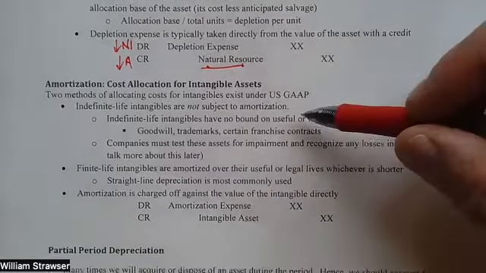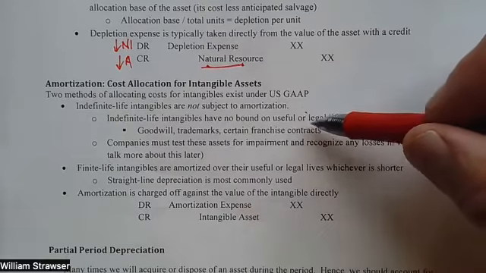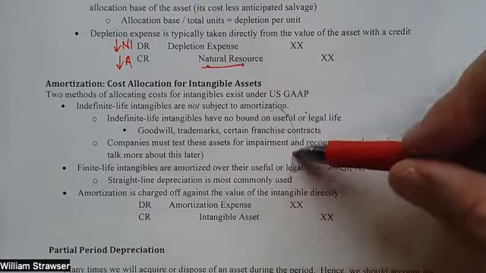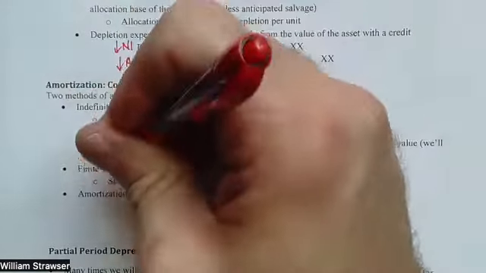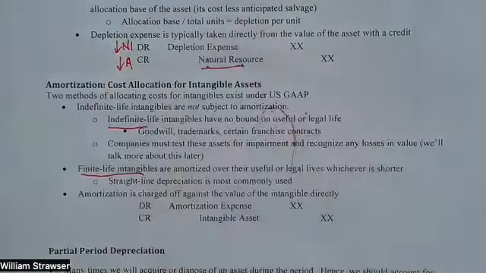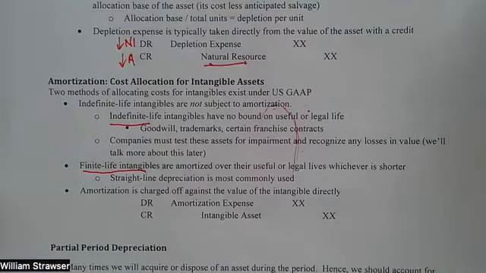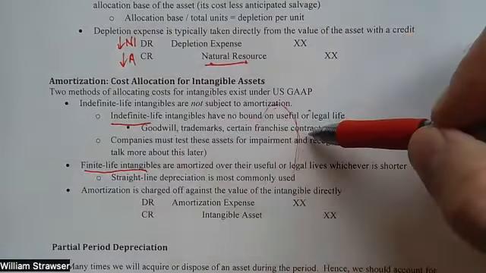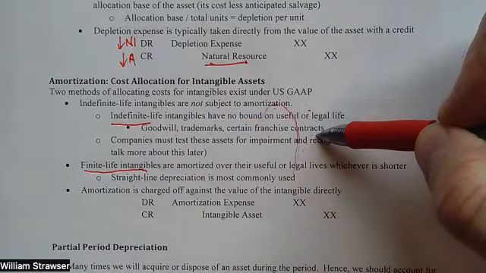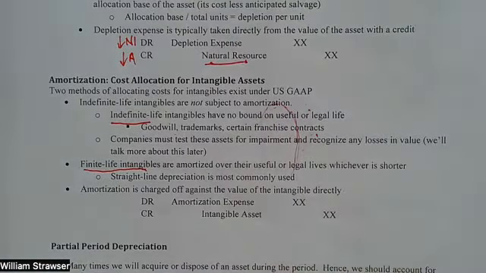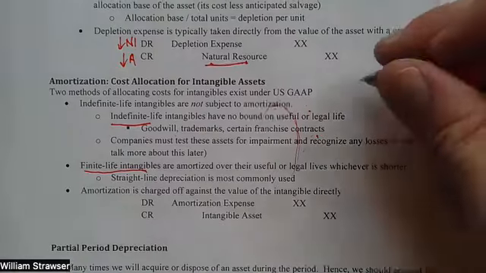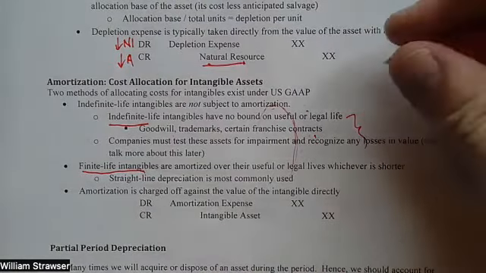Then we have amortization. It brings up a distinction between two types of intangibles: indefinite life intangibles and finite life intangibles. Indefinite life intangibles are not as many. Goodwill, trademarks, and certain franchise contracts are what we call indefinite life intangibles. They have no limit on their useful or legal lives, and we do not apply amortization to these.